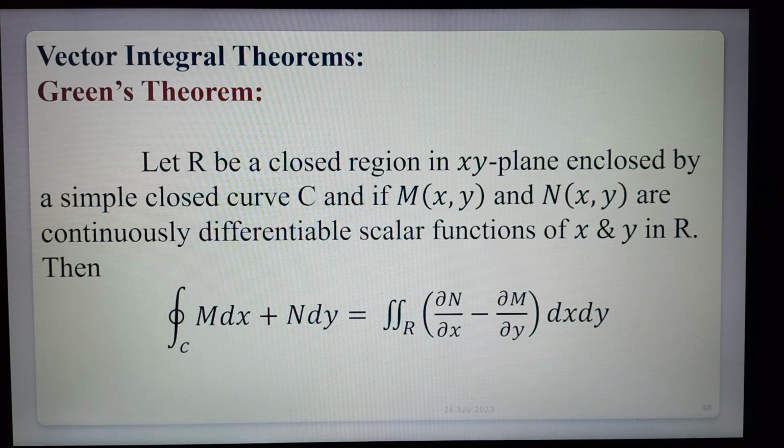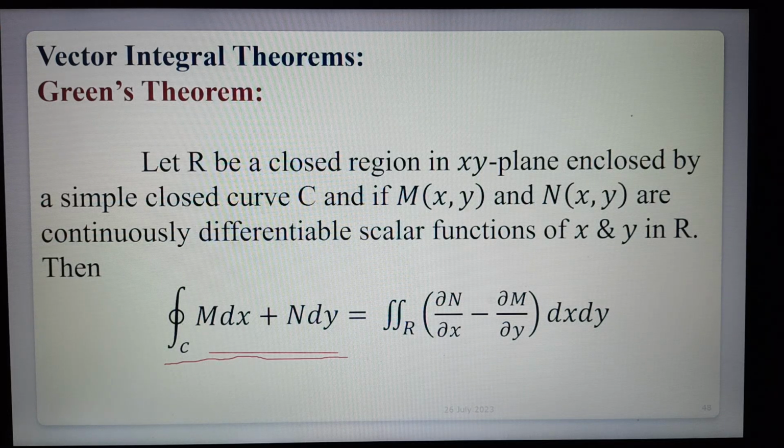Let R be a closed region in the xy plane enclosed by a simple closed curve C, and if M and N are continuously differentiable scalar functions of x and y in R, then the integration over C of M dx plus N dy is equal to the double integration over R of (dou N by dou x minus dou M by dou y) dx dy.